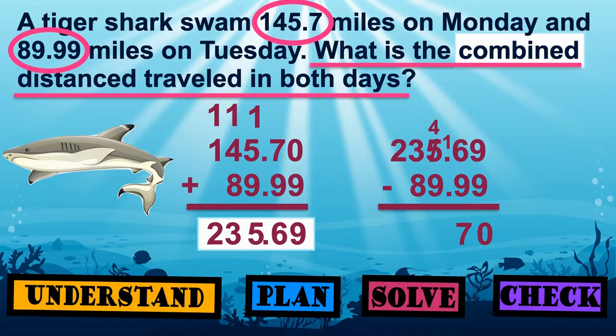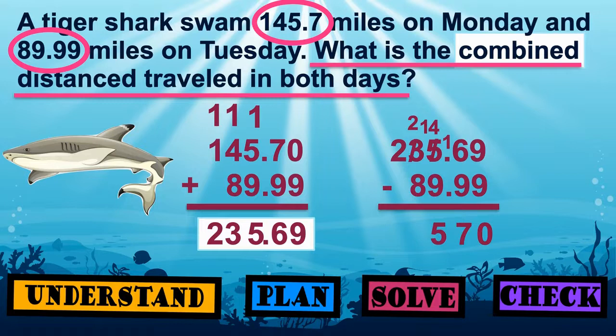Now we're back at it again. Can we take 9 from 4? No, we can't. So we go to the 3, rename that to a 2. That's correct. And our 4 becomes a 14. We can take 9 from 14, right? Yes, that's 5. Good.